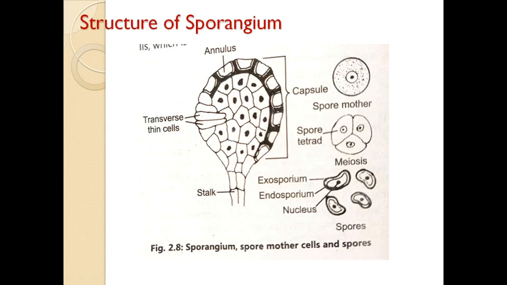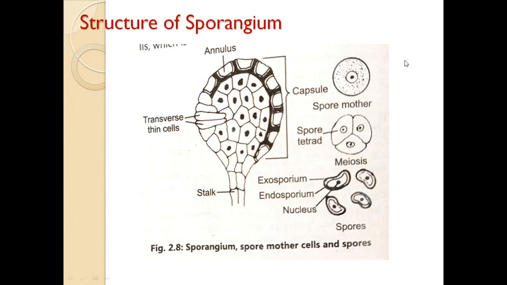When young, the sporangium contains 16 diploid spore mother cells. These spore mother cells are diploid, and the spore mother cell undergoes reduction division, meiosis, forming the spore tetrad.